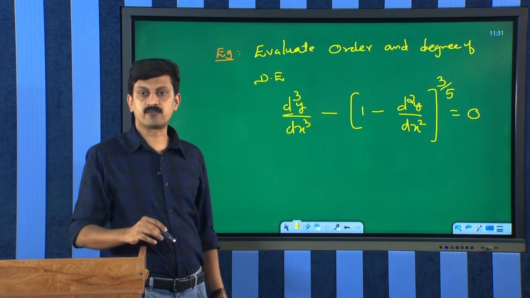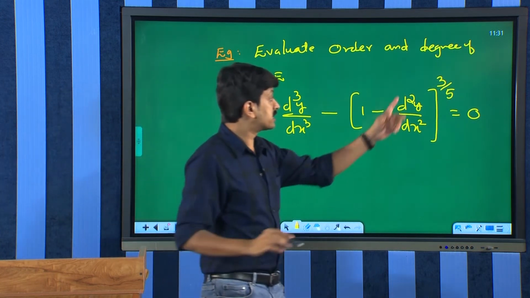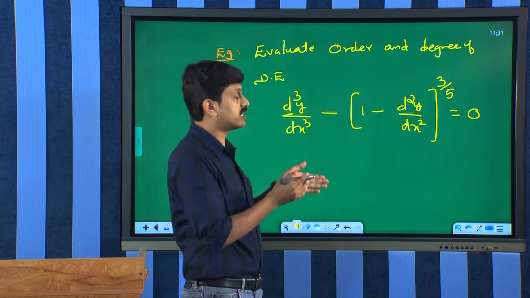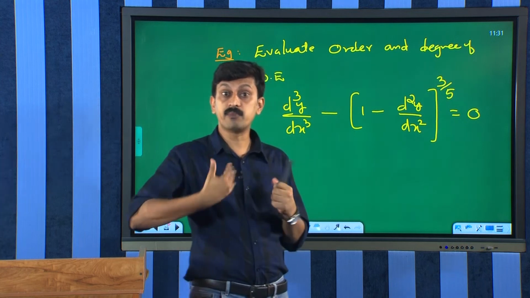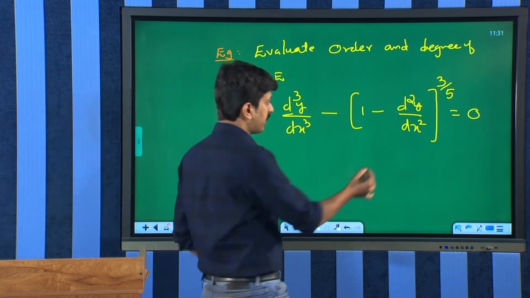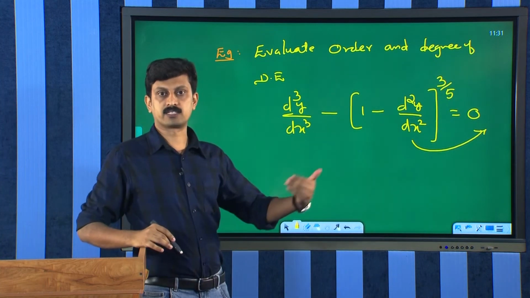While seeing this differential equation, we understood that it contains a rational power. Because there is a rational power, we have to make all powers integer powers first. So, as we did before, we take this term to the RHS.